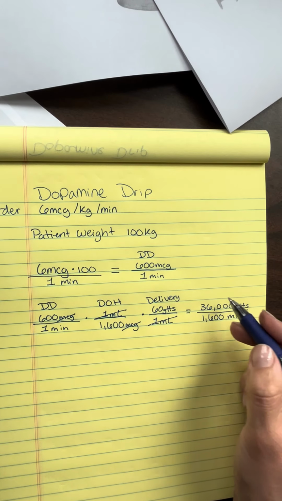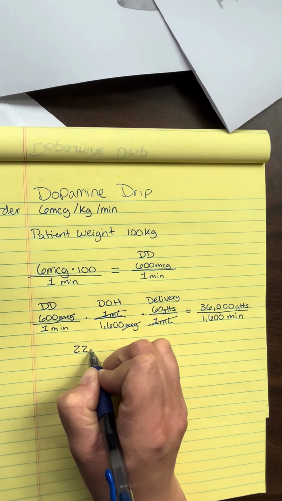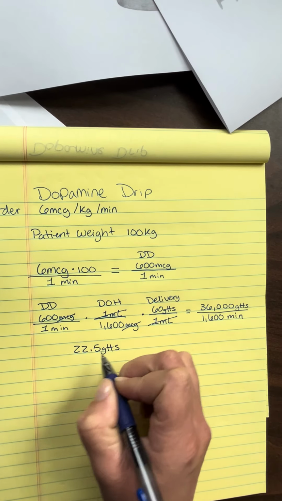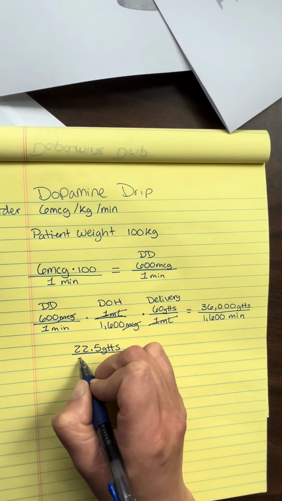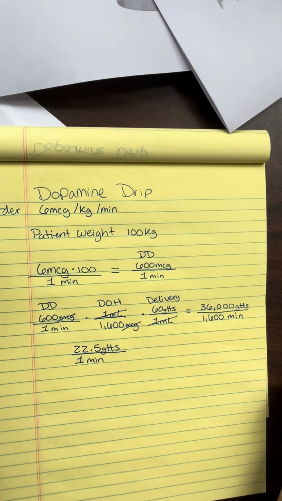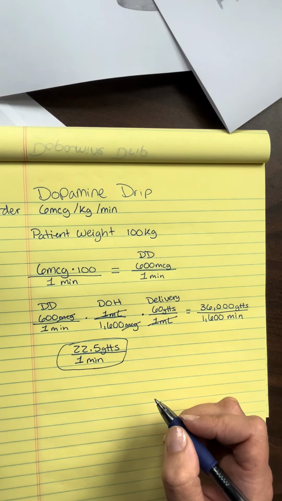And so when we divide these into each other, it gives us 22.5 drips in 1 minute. So that's our test answer number 1.